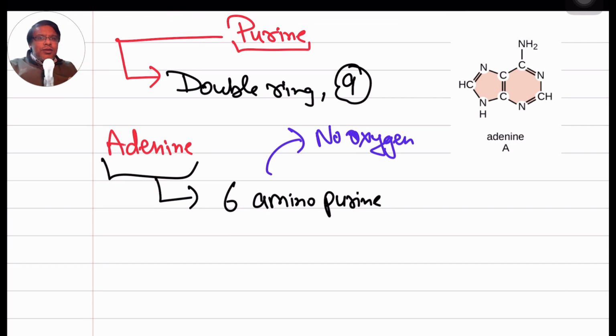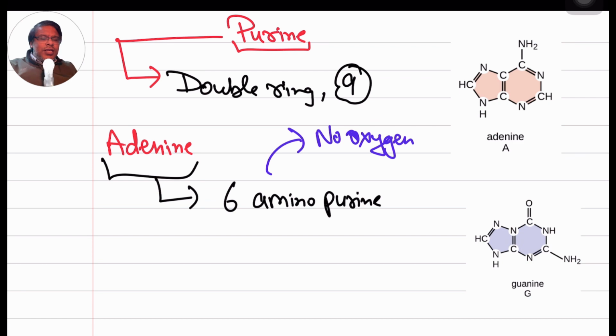Always remember, you can call adenine 6-aminopurine. If you remember it this way, you can easily draw the structure of purine. Many times in competitive exams, the question is asked, which base does not have an oxygen atom? Keep in mind, the right answer is adenine.